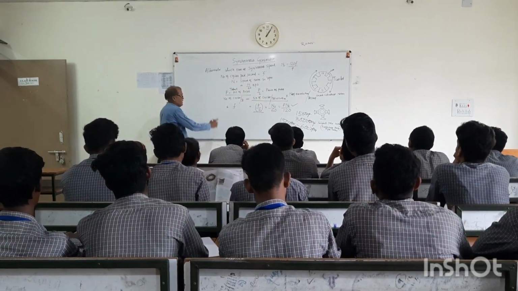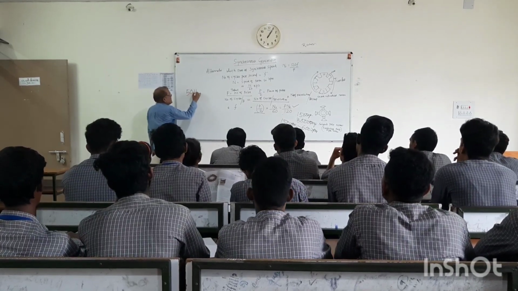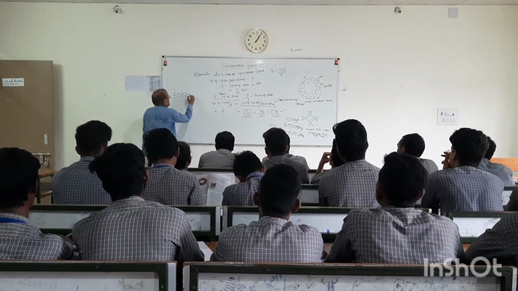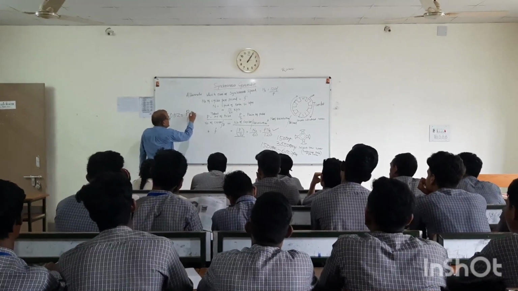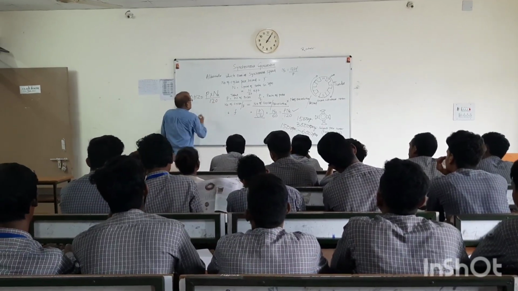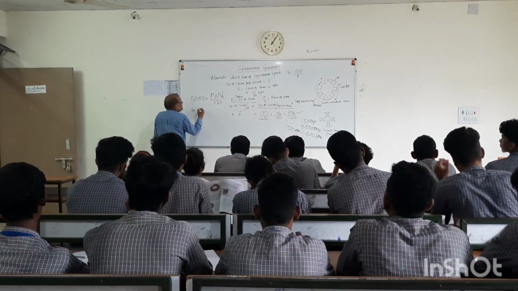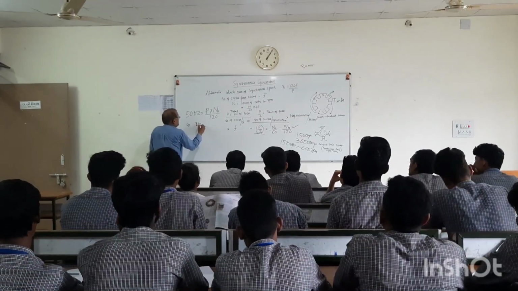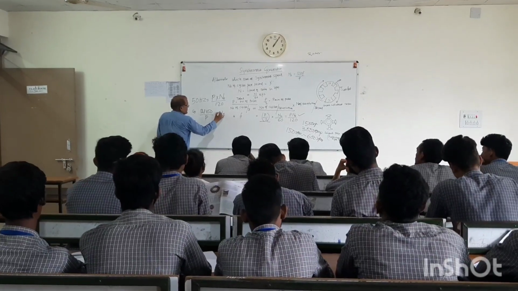Then, as per the Indian standard frequency, we have 50 cycles per second. Then P Ns by 120, or 120 into 50 divided by P, is equal to Ns.